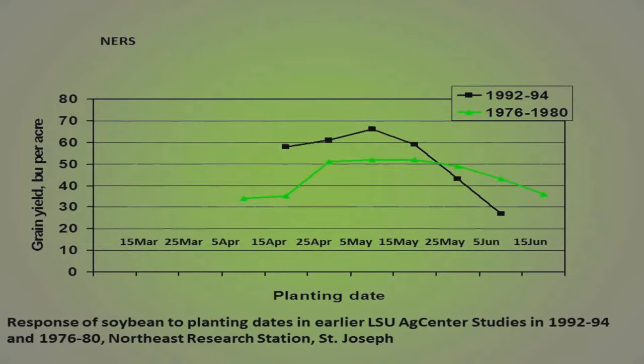There was a lot of research done over the years, and as you can see, as varieties have changed, so have planting dates. Typically, when we were planting very early in the season, we had varieties that didn't respond well. When we looked at photoperiodism, we had problems with our early varieties because of genetics. They would start to stunt if they were planted too early. Typically, in those years, we had to wait till the first part of May to not affect their highest yield.